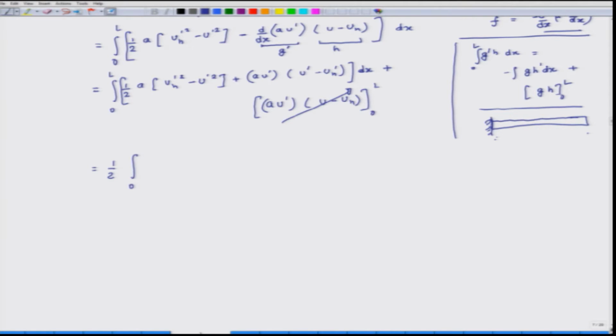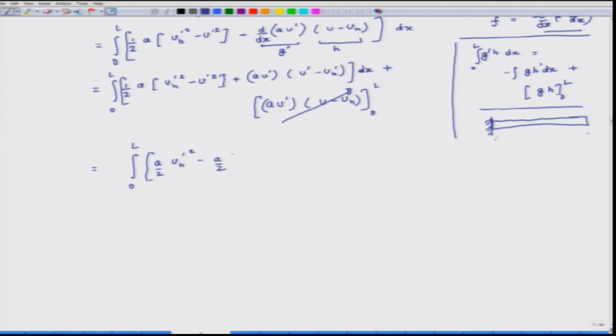half 0 to L a u h prime square minus a, no, actually I am going to remove this a by 2.